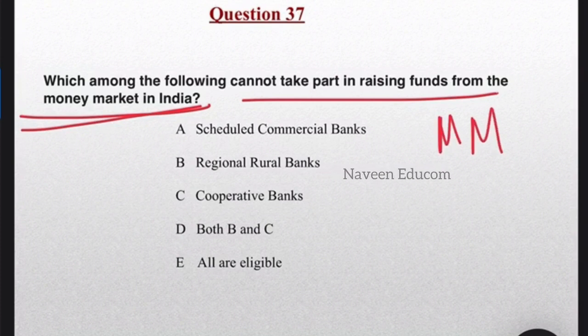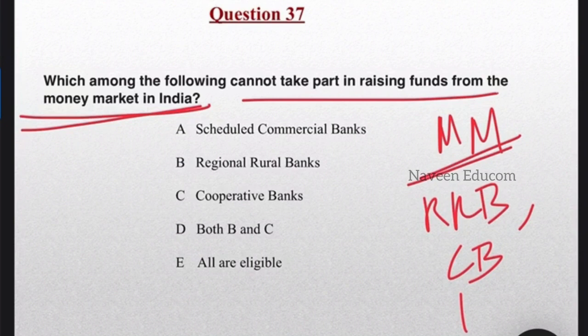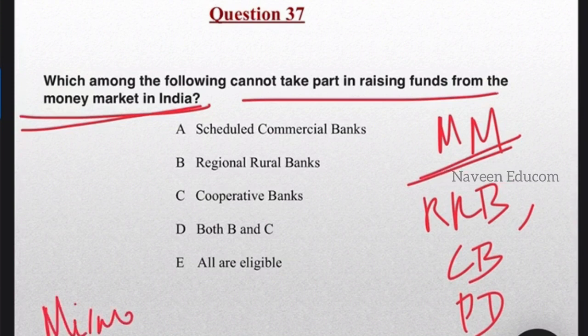So students, the money market can be tapped by the scheduled commercial banks except the regional rural banks, cooperative banks, primary dealers, etc. The funds raised are mainly used to address the mismatch of funds.